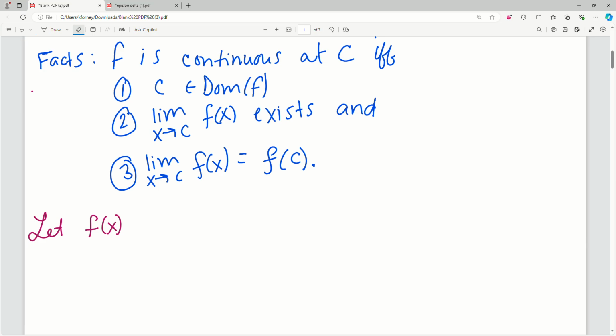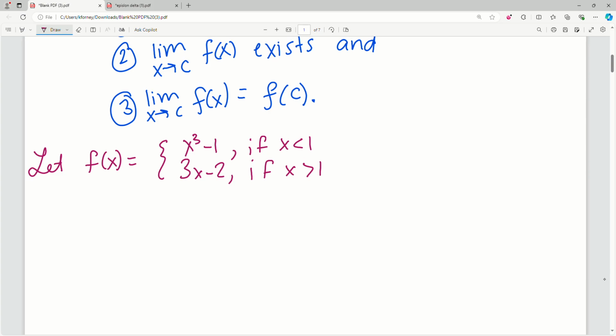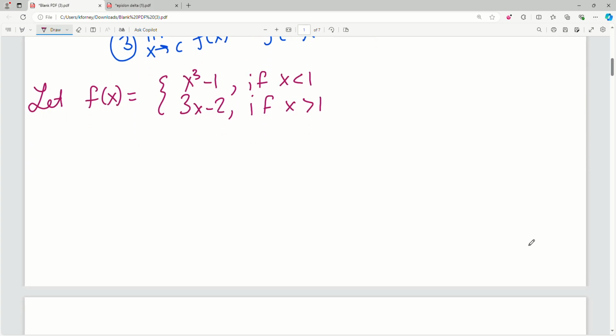Let f of x equal x cubed minus 1 if x is less than 1, and 3x minus 2 if x is greater than 1. Okay? So we're going to look at this piecewise function, and we want to discuss it with respect to continuity.